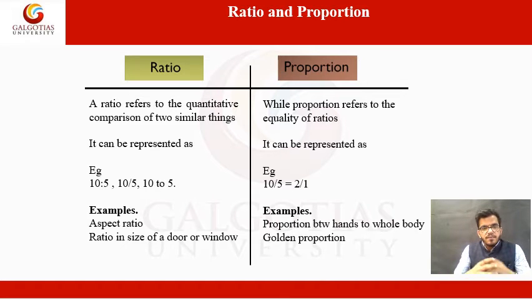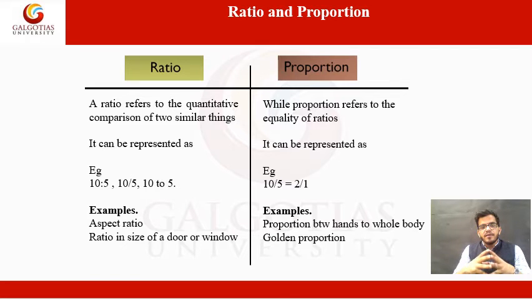A ratio can be represented in a form of, for example, 10 is to 5, 10 by 5, or 10 to 5. While in proportion, it can be represented in the form of 10 by 5, which can be represented as 2 by 1.